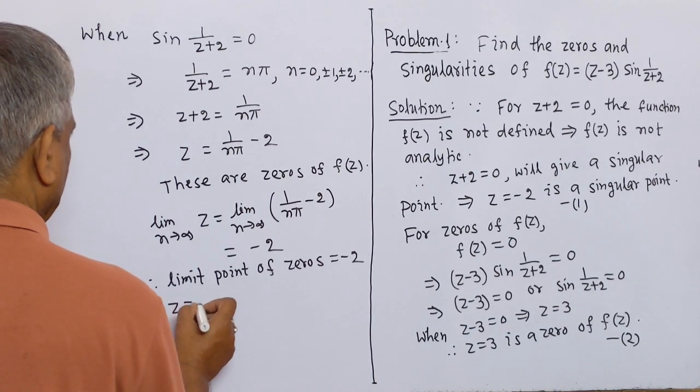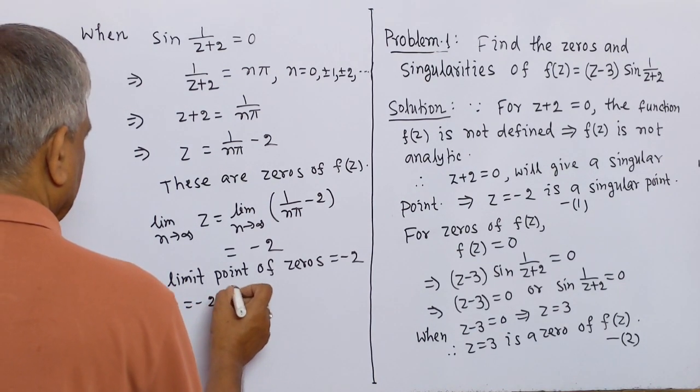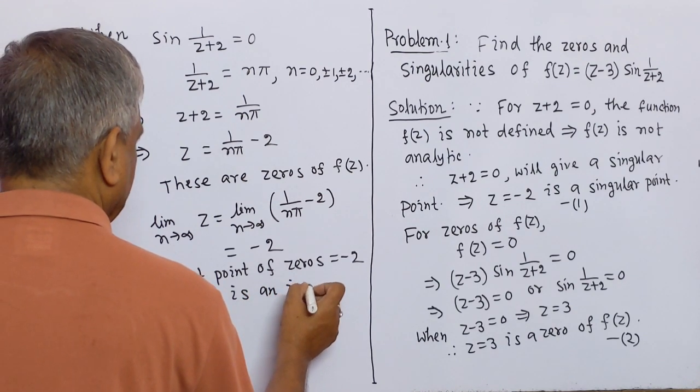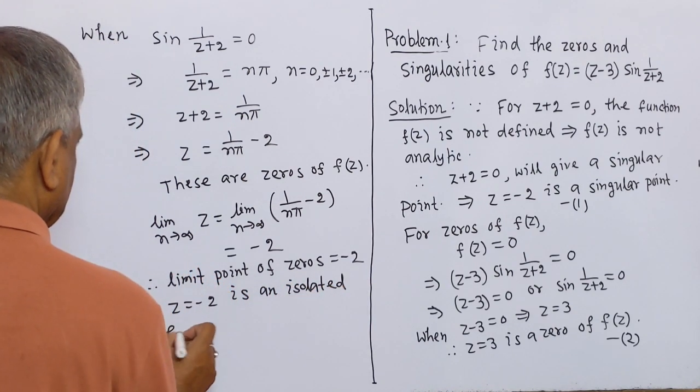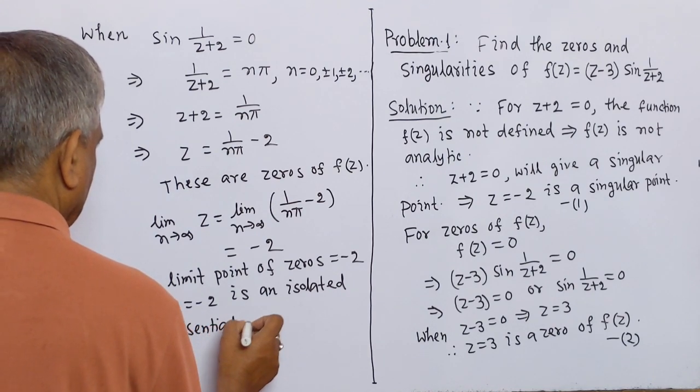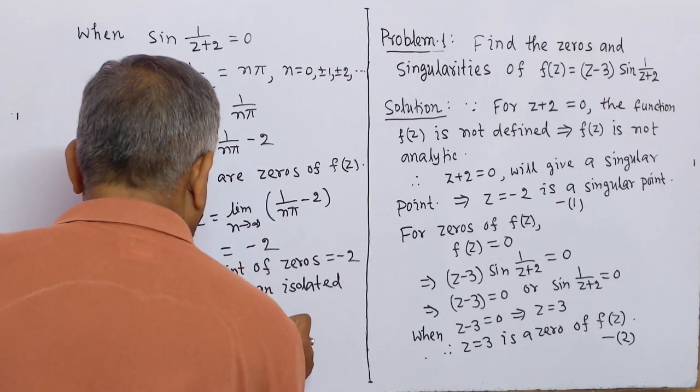Therefore, z = -2 is an isolated essential singular point.